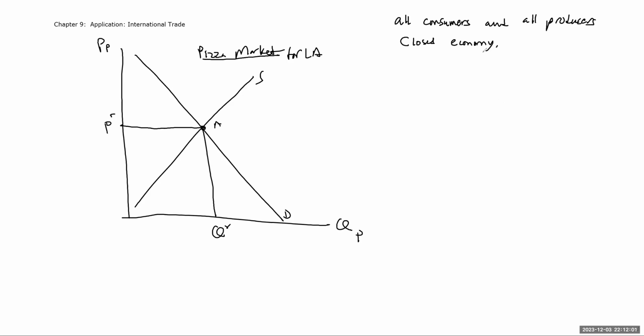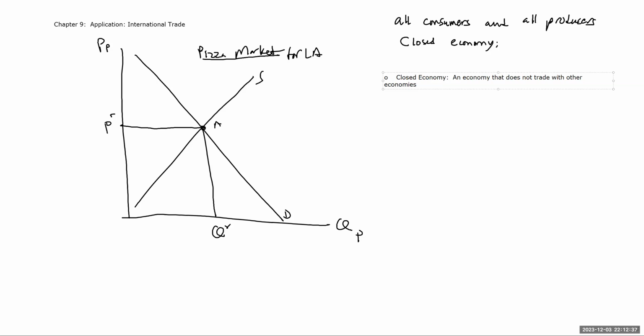So the definition of a closed economy, I'm going to put it up here: an economy that does not trade with other economies. All our analysis up until now was a study of a closed economy or a closed market. It only allowed Los Angeles producers and Los Angeles consumers.